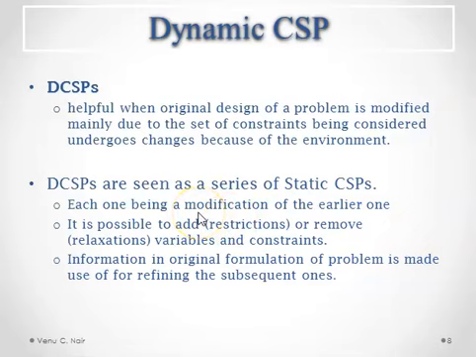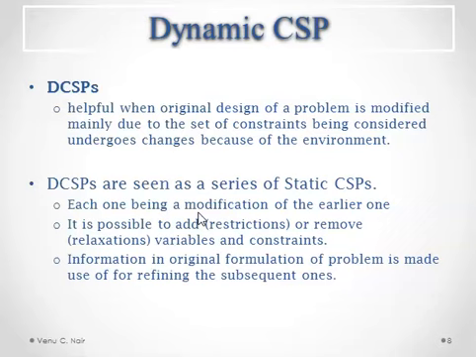If we are treating this as a series of 5 small problems, then problem 1 can be modified to form problem 2, which is modified to form problem 3, then to 4 and to 5. The problem will be completed only after completing the 5th static CSP.